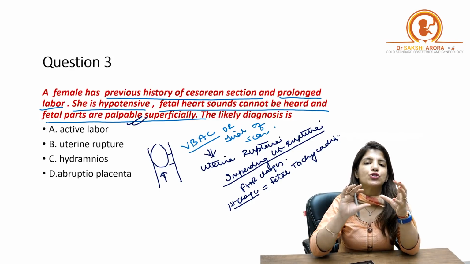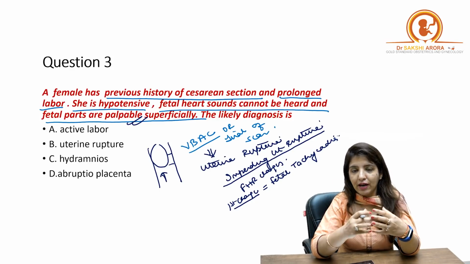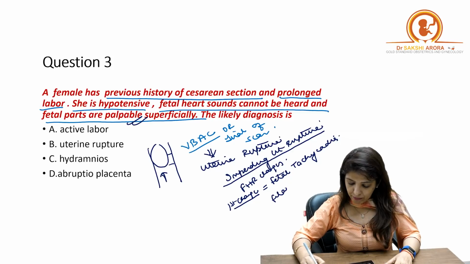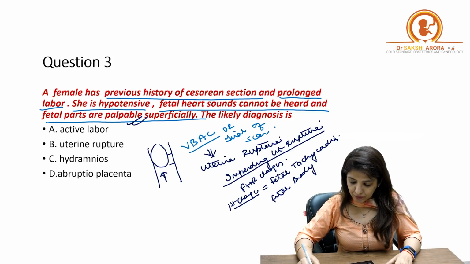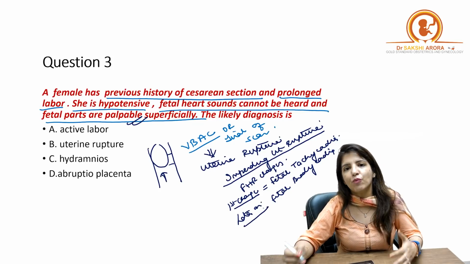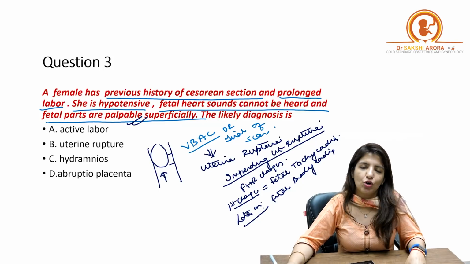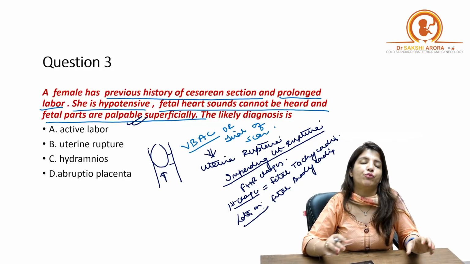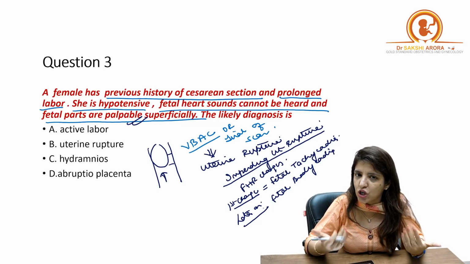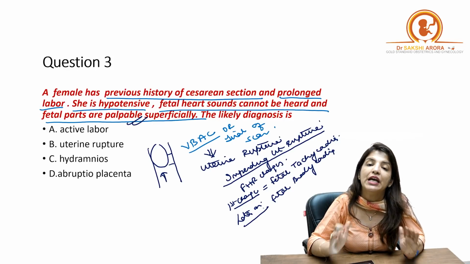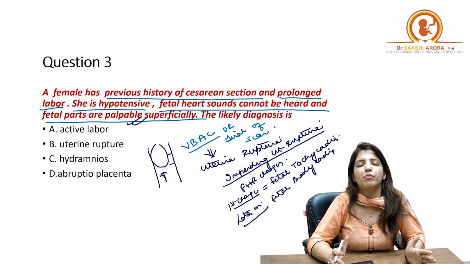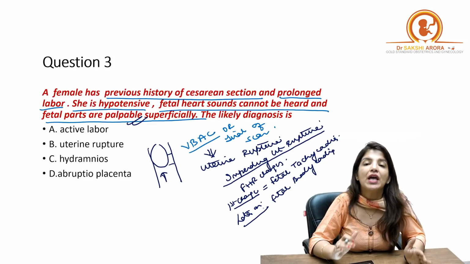Later on, because of the continuous hypoxia, there will be fetal bradycardia. So if someone asks you, in case of an impending rupture, what is the first change in fetal heart rate which you see? The first change is fetal tachycardia.